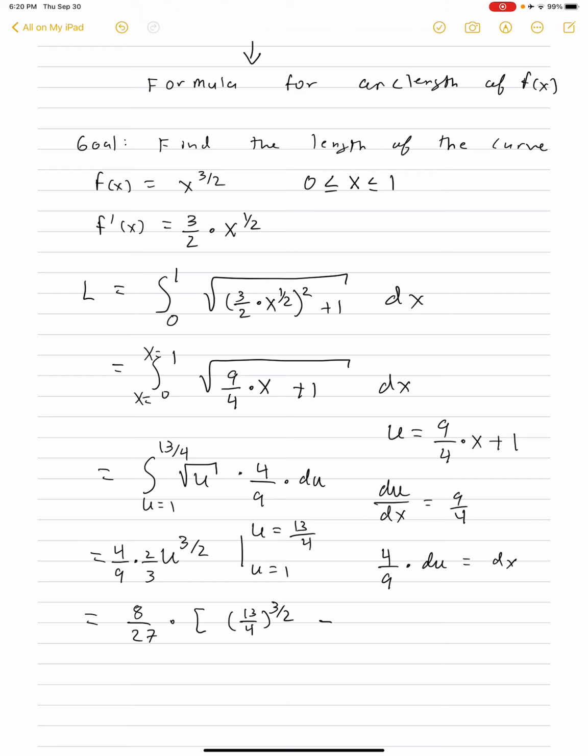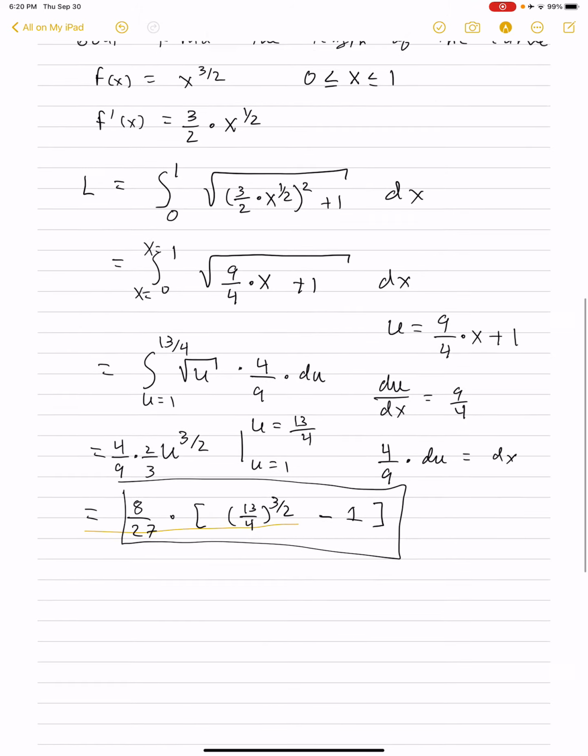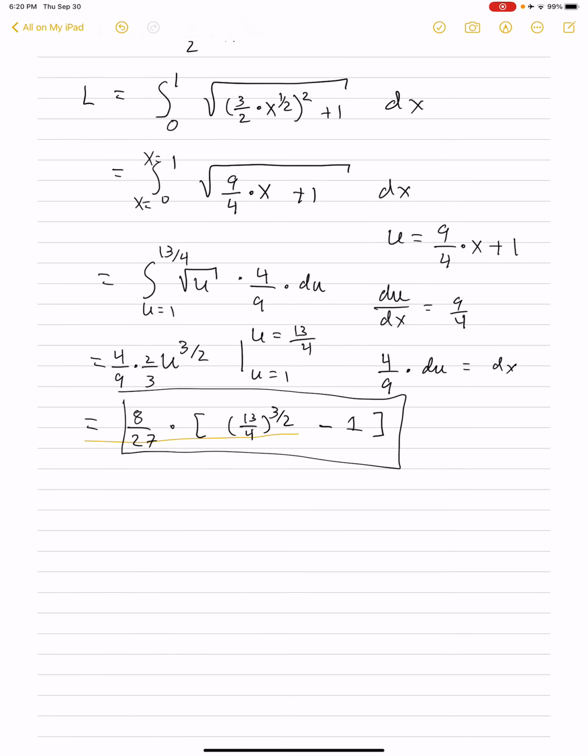When u equals 1, we raise it to the 3/2, and that just gives us 1. And this is our final answer. So that's great.